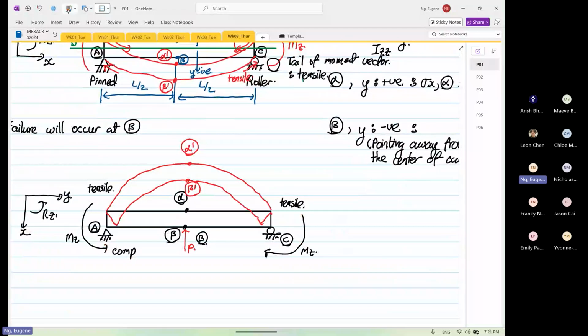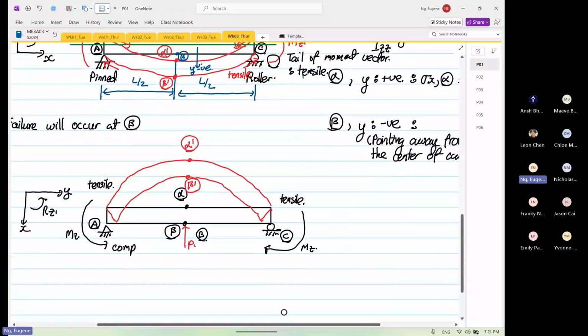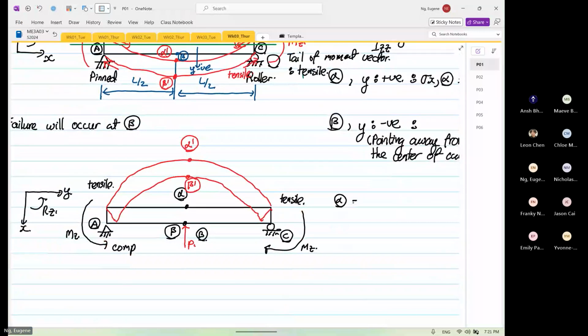So now when you apply the formula, or when you look at the moment vector, you will say that stress Z at point alpha now is equal to, alpha is in what? Tension, so it is positive. So it is Mz over Izz multiplied by x.